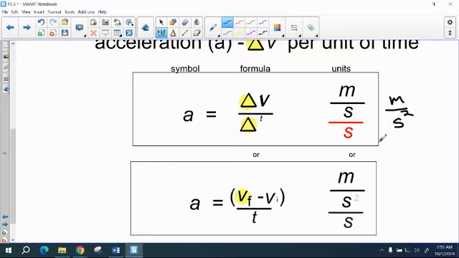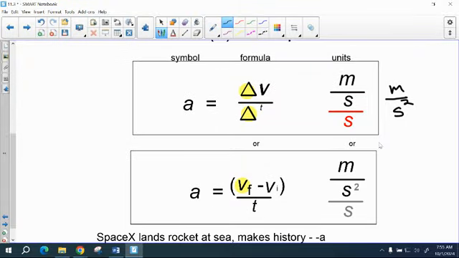So now if we want to get real fancy, acceleration is actually the final velocity minus the initial velocity. No matter what formula you put in, and write this down in your notes too, delta x is x final minus x initial.